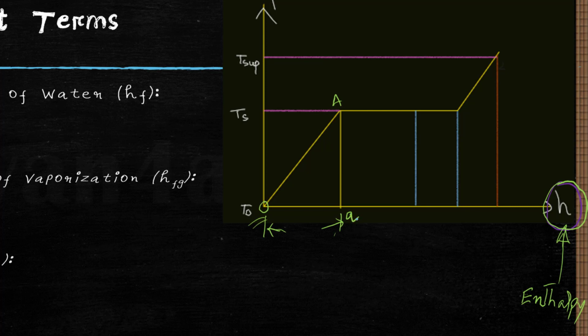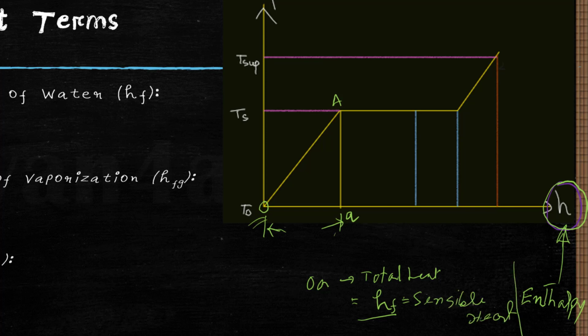OA is this amount of heat, which is called HF, and HF is the sensible heat. We discussed it in the previous classes. So this we will call HF.